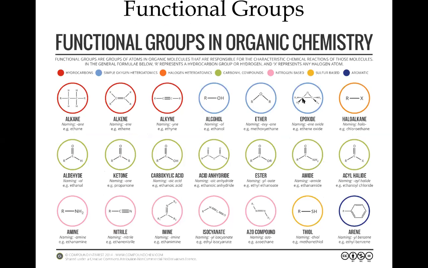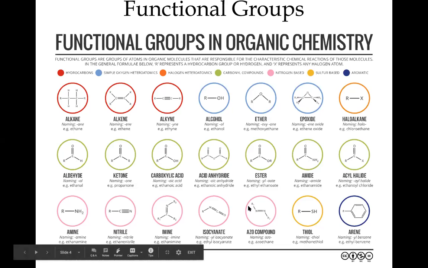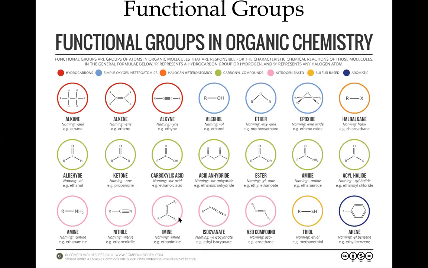So it's like an ether, only it's got a ring. What else? Arenes, these other isocyanates. So there's a few other groups in there that weren't mentioned in the other table because they're a little bit less common.